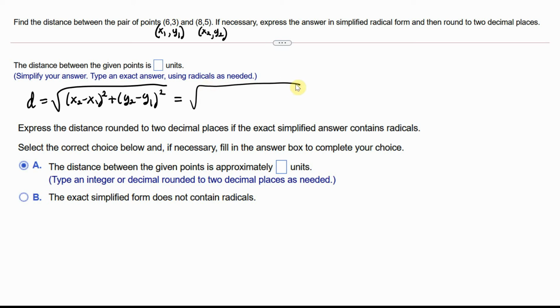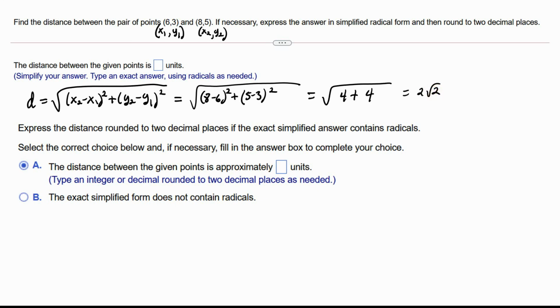So this is the square root of, here, 8 minus 6. You could just simplify that, I'm just writing everything out. Then plus 5 minus 3. Well, we simplify that. And so this is 2 squared, which is 4, plus 2 squared, which is 4. So we get the square root of 8, or 2 times the square root of 2.